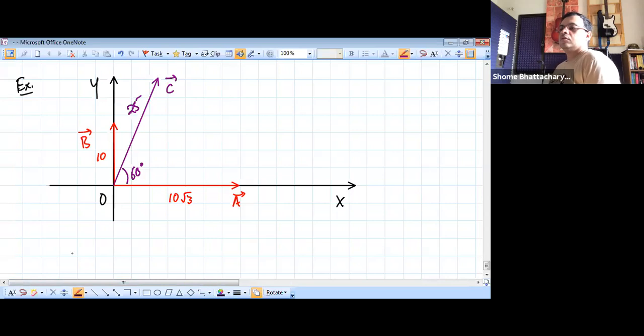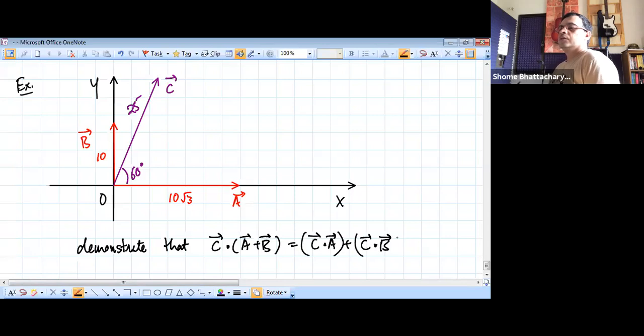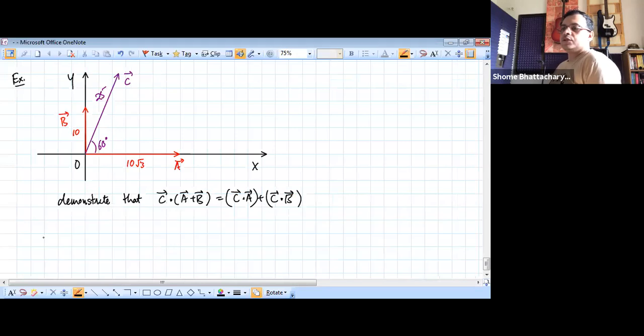So now demonstrate that C's dot product with A plus B equals C's dot product with A plus C's dot product with B. So what we'll do is we'll show separately what the left hand side is and what the right hand side is, and we'll show that they are the same.